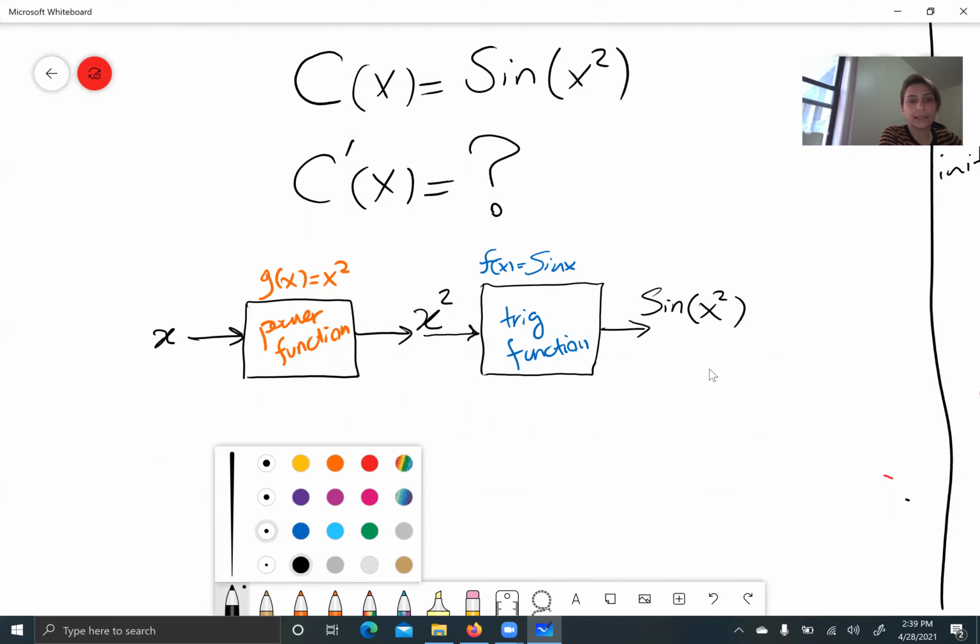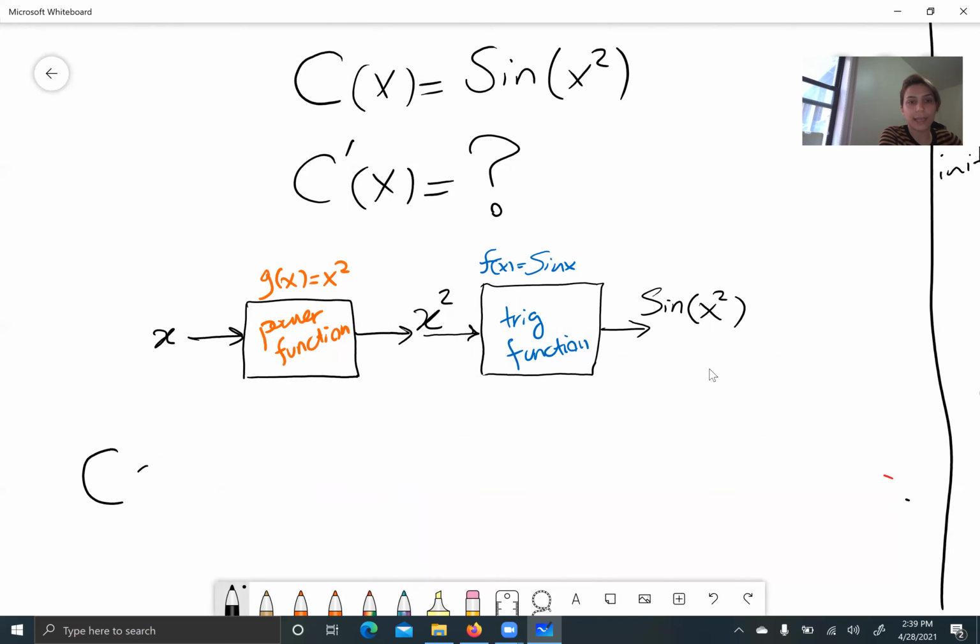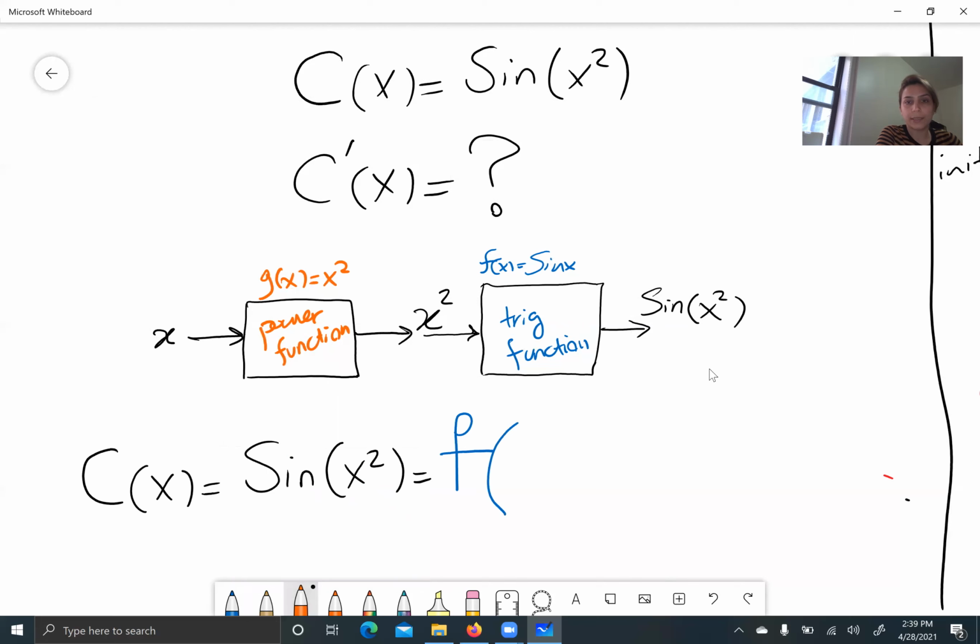Sine of x squared is in fact f of g of x, because sine is f in my notation. Again, f is sine of x, g is x squared.